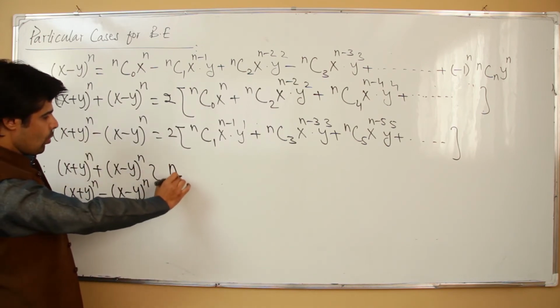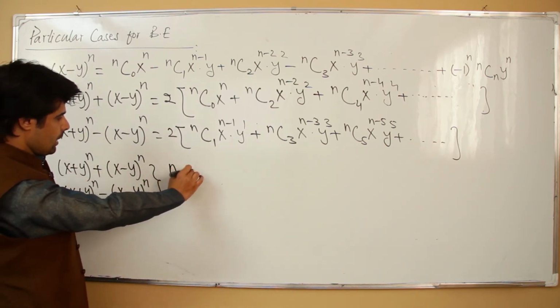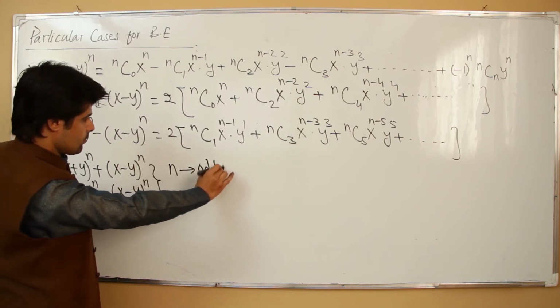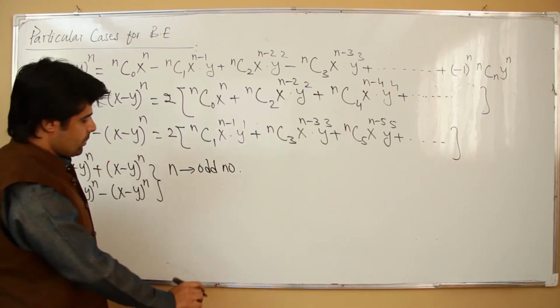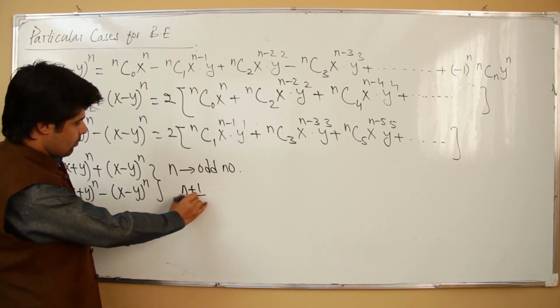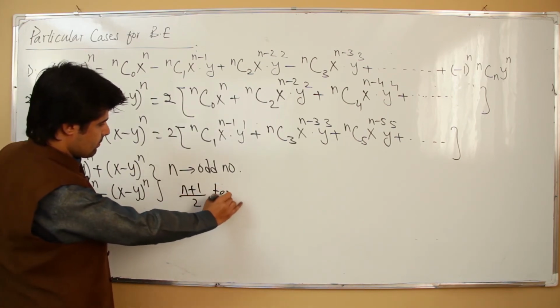If n is an odd number, then how many terms do we have? You have (n + 1)/2 terms.